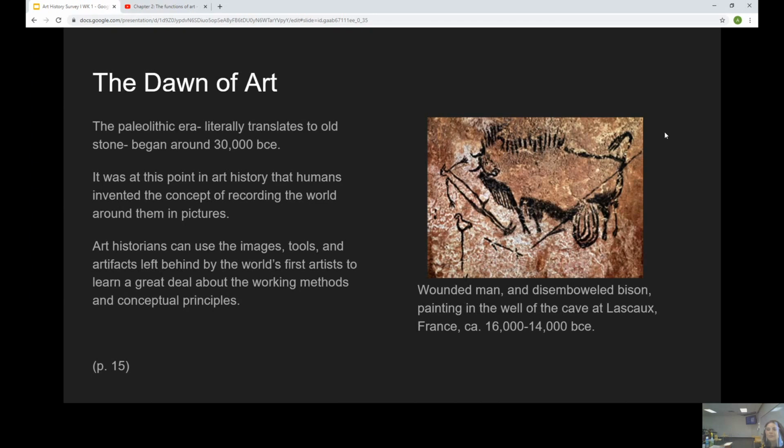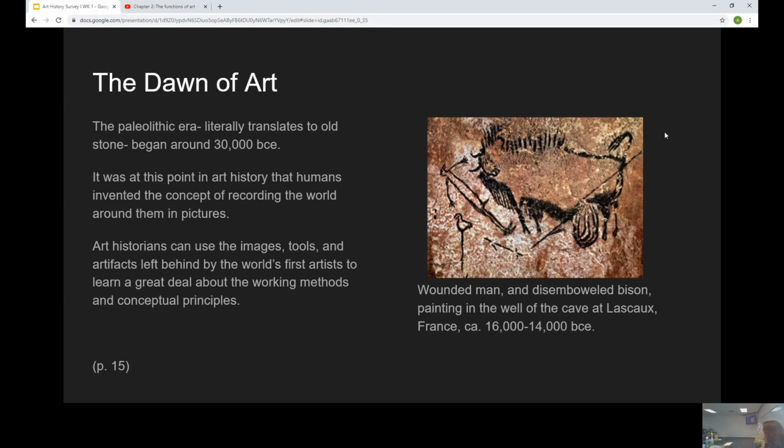But the dawn of art, or the Paleolithic age, which, like it says there, translates to old stone, is, like I said, around 30,000 BCE. That is when humans first record images through paintings and drawings. That is when this textbook considers it to be the first artwork.